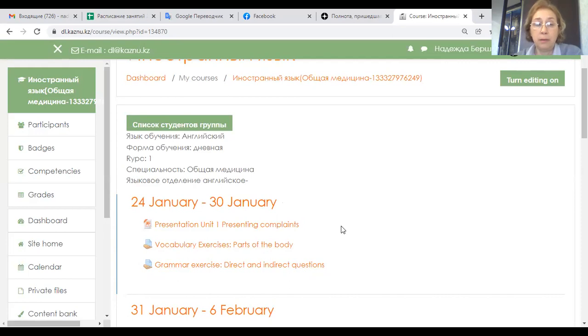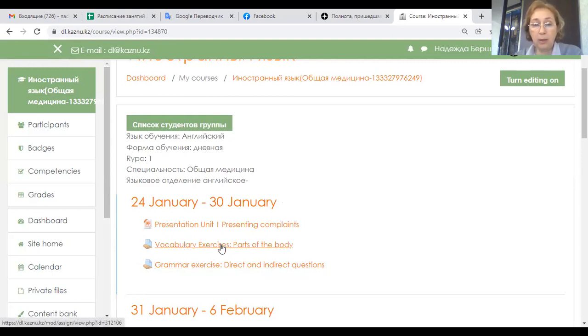And there are 3 folders here. The first folder is the presentation that we have discussed. And there are 2 practical tasks. What should you do with these practical tasks? There is a vocabulary exercise, task parts of the body, and a grammar exercise, direct and indirect questions.